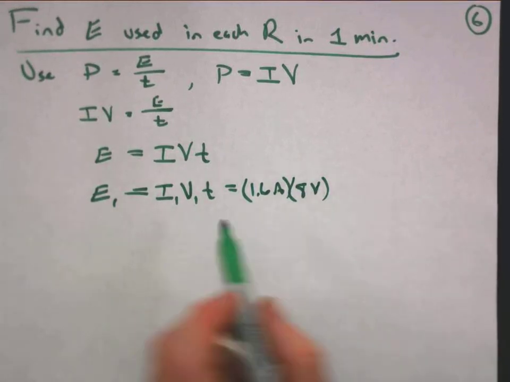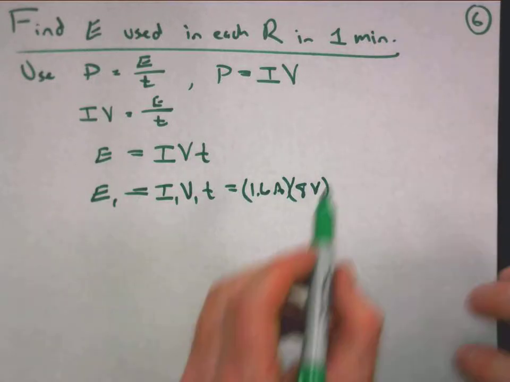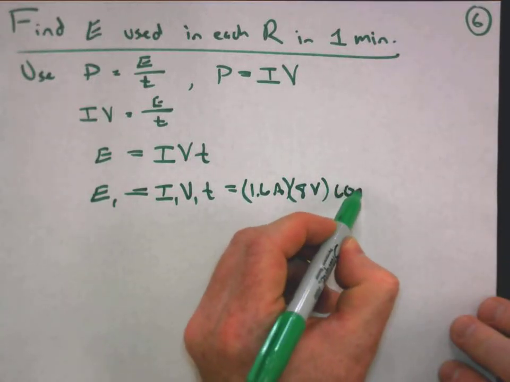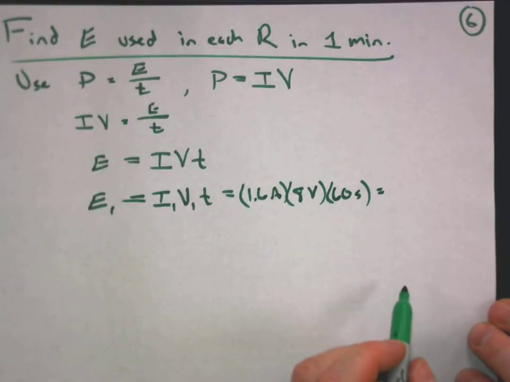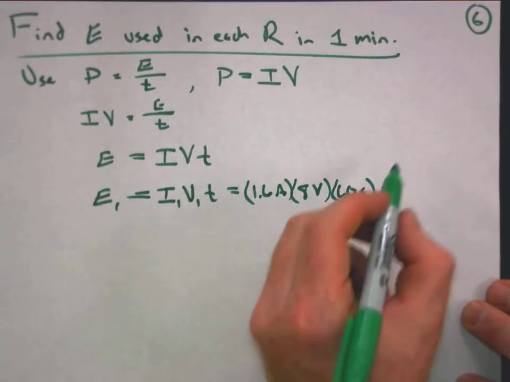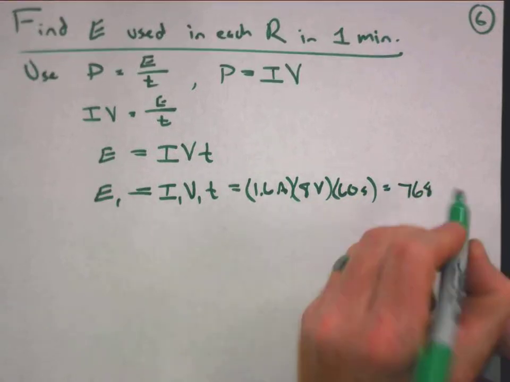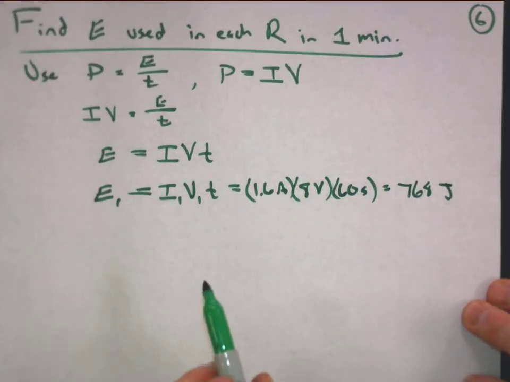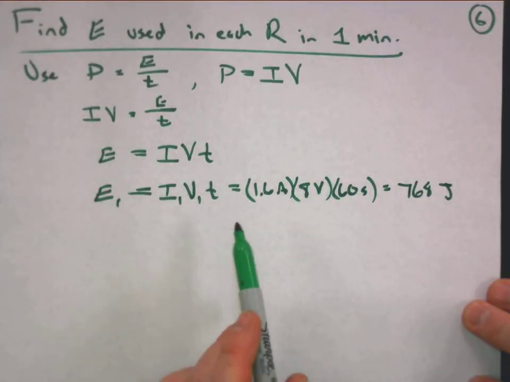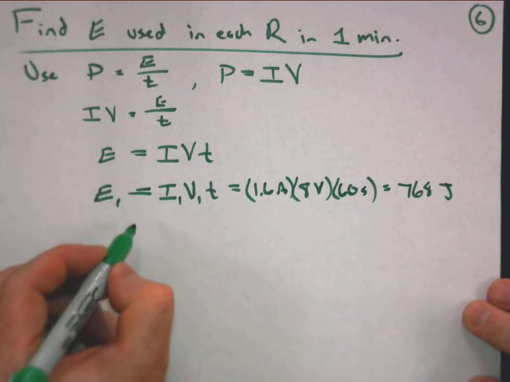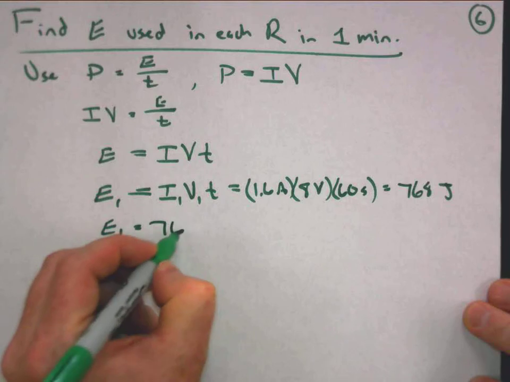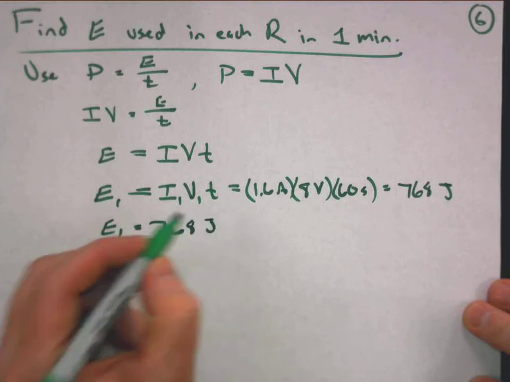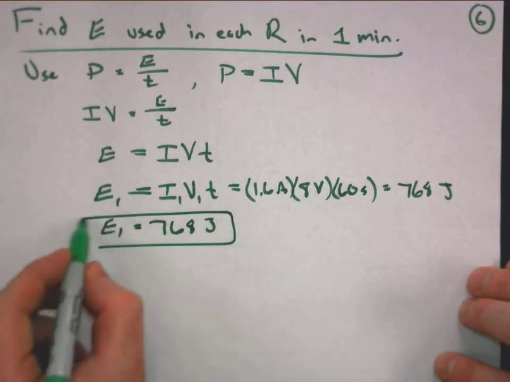And the time, well, I've been told 1 minute, but I need the time to be in seconds, 60 seconds. And when I do that math, I end up getting 768 joules. In 1 minute, R1 will use up or dissipate 768 joules of energy. That's an answer I was looking for.